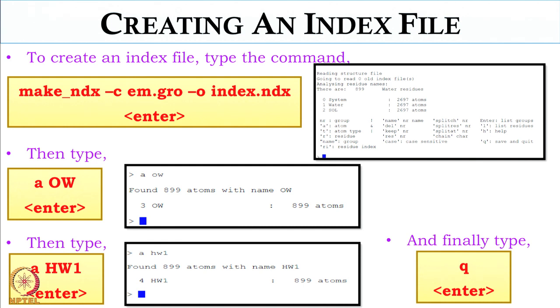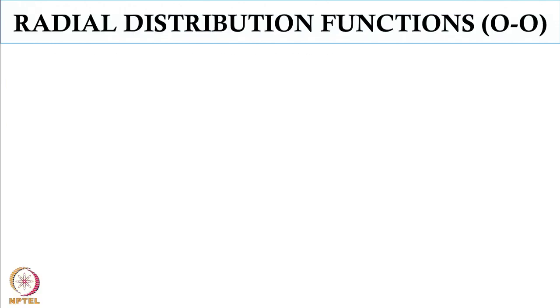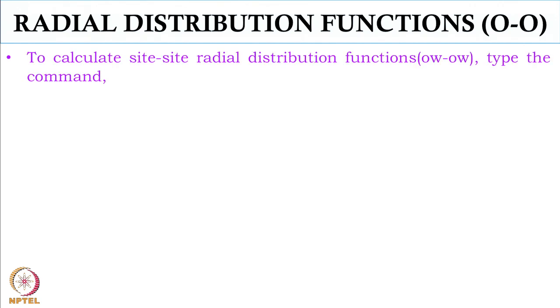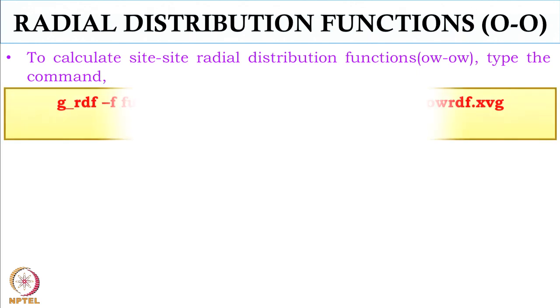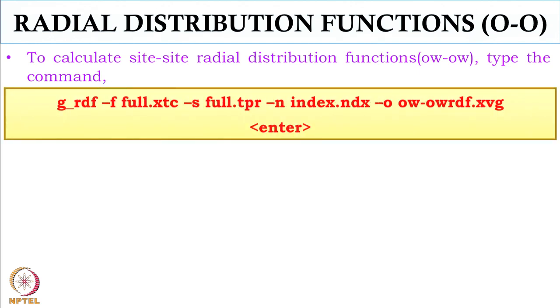First 0 will be system, then 1 will be water, 2 will be solvent SOL, then 3 will be OW, 4 will be HW1, like this. So when we go for RDF we'll see what 3 and 4 actually mean. Now we have the index file. So now we'll calculate the radial distribution function between the oxygen sites of water molecules. To calculate, we have to type the command g_rdf.